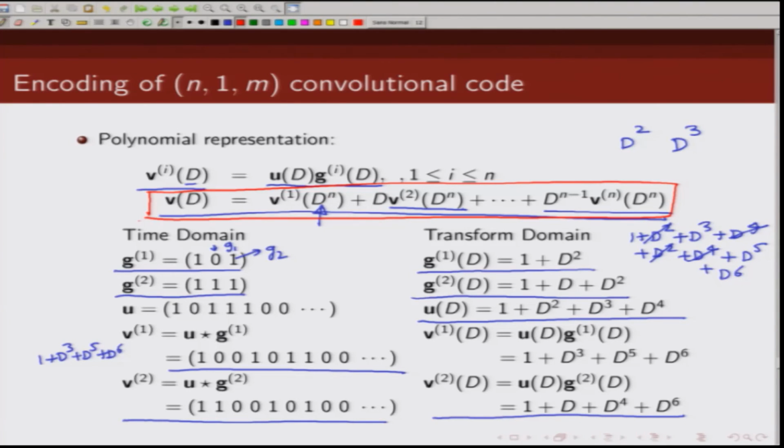So, I hope I made it clear why this is d raised to power n and why each of the parity bits are delayed by 1 power, like d, d square, d cube, d^(n-1).